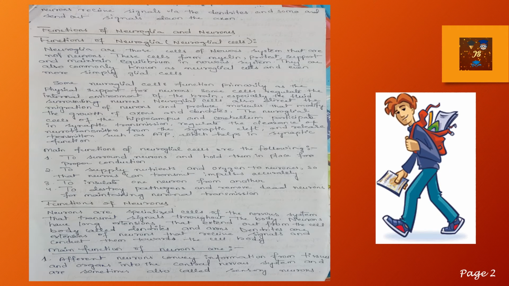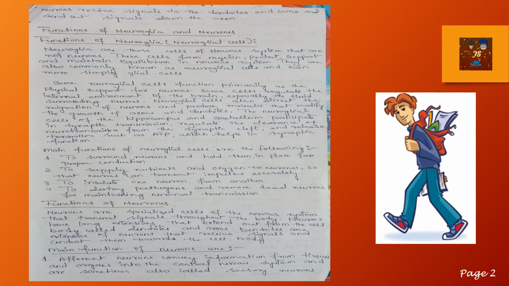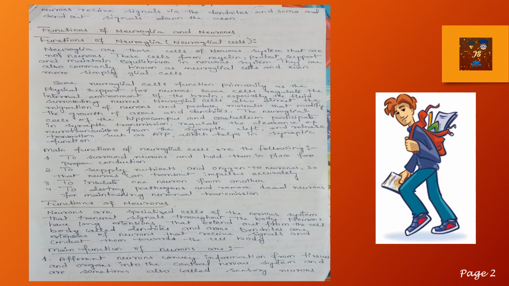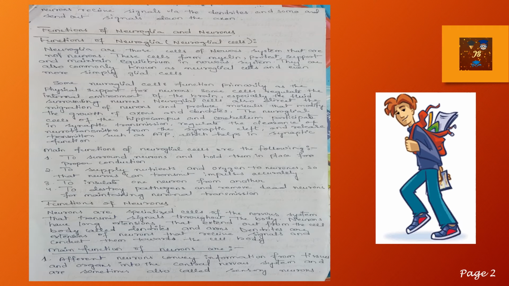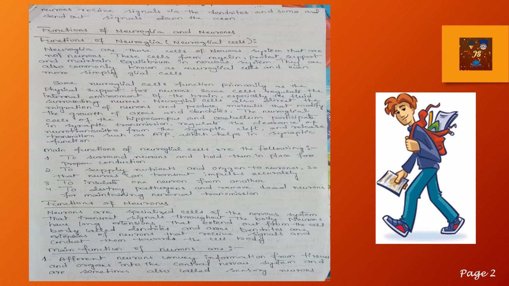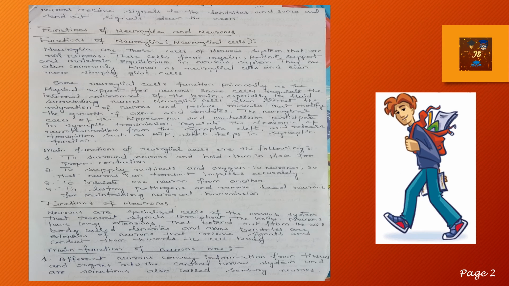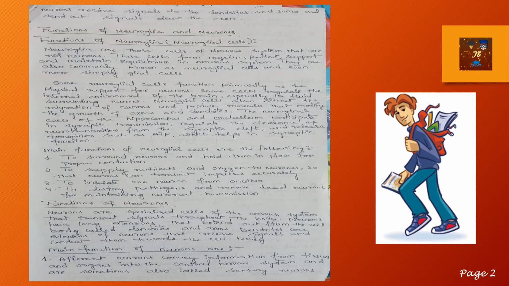I told you earlier that in the axons there is some button-like structure, and between the end of one neuron and the start of another neuron there is a gap known as the synaptic cleft, and from that synapse ACH is transmitted.